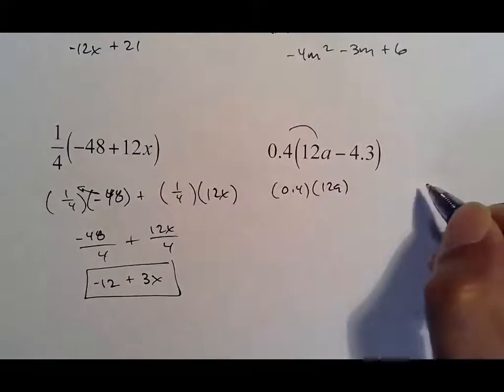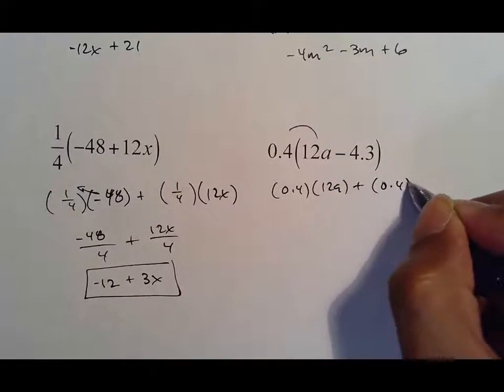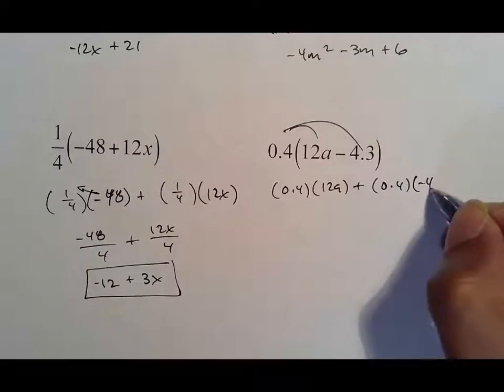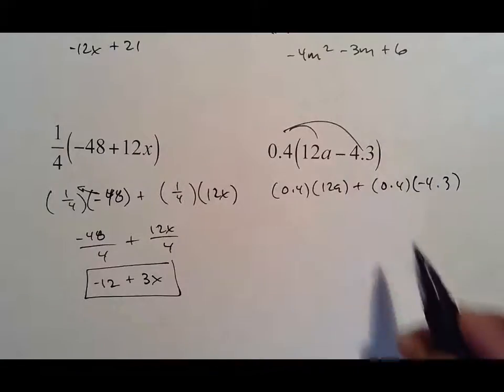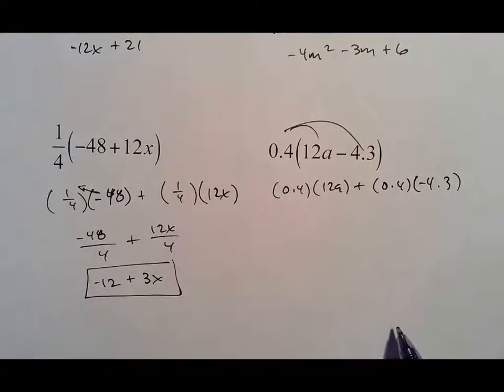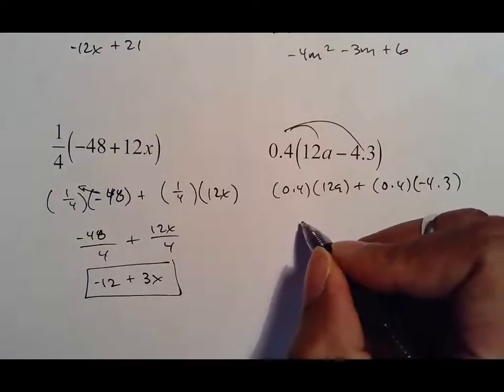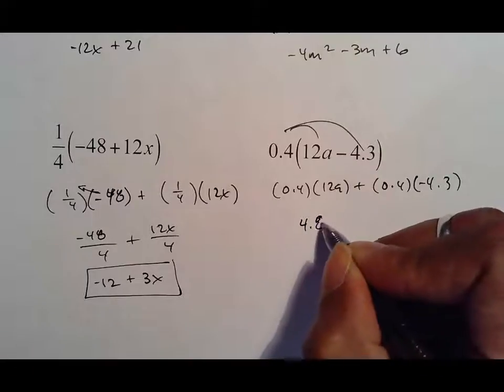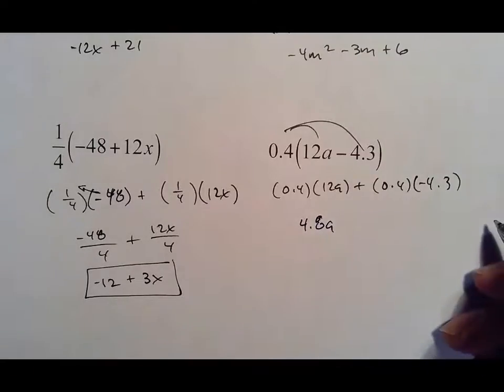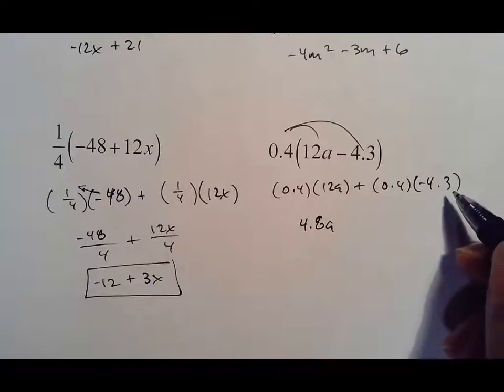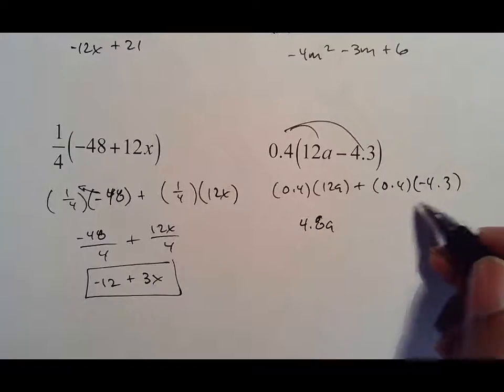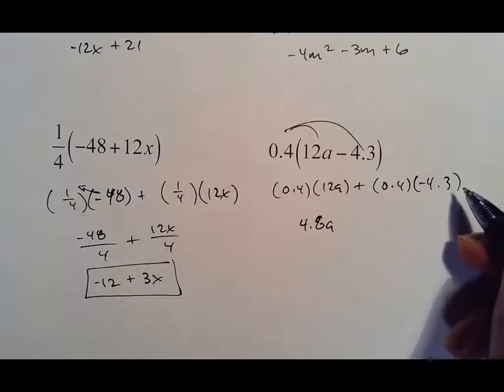Anyway, here, 0.4 meets 12a, and 0.4 meets negative 4.3. Pay attention to the sign. Keep the sign with the number. 12 times 4 is 48, so it'll be 4.8a. 43 times 4 would be 160 plus 12, which would be 172.